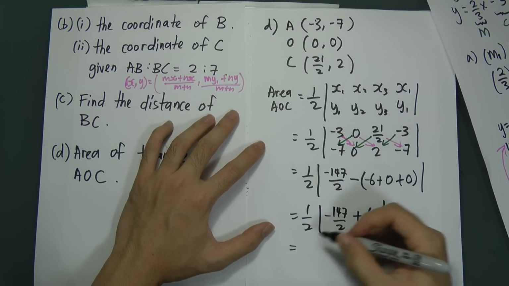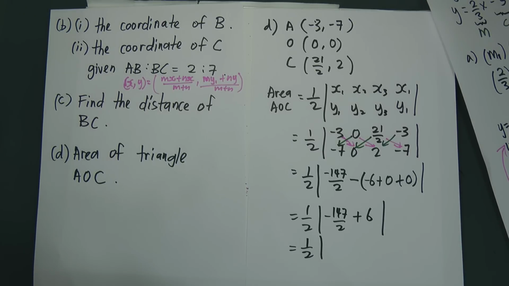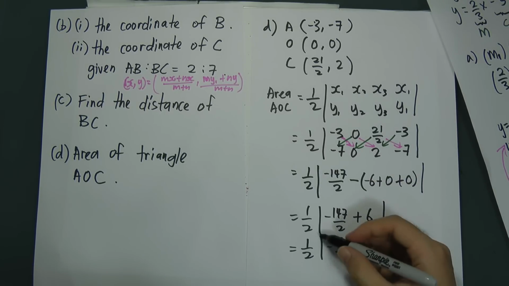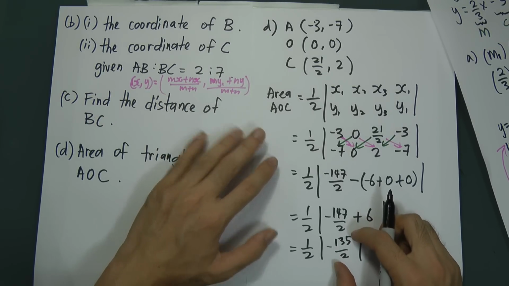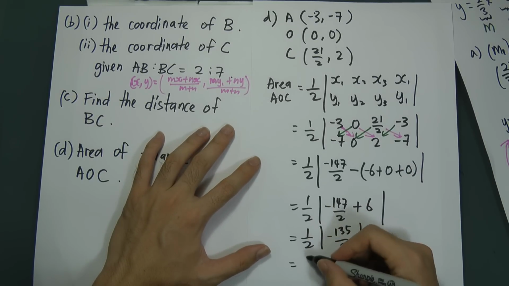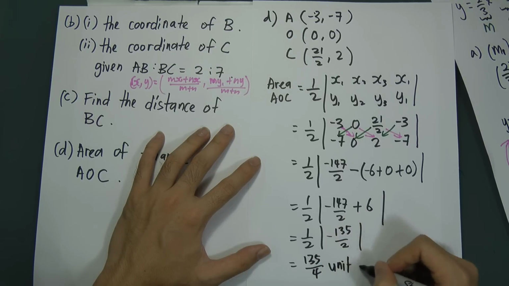Okay, you press the calculator, you will get -135/2. Okay, the modulus symbol is just always to make your area become positive, because it is impossible for area to be negative. Therefore, the total area will be 135/4 unit square.